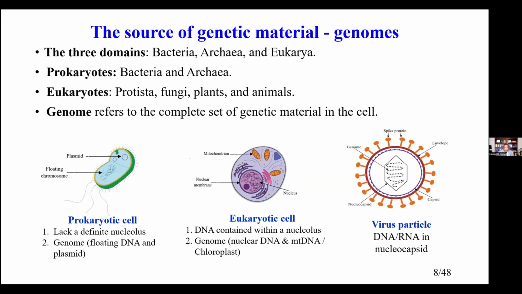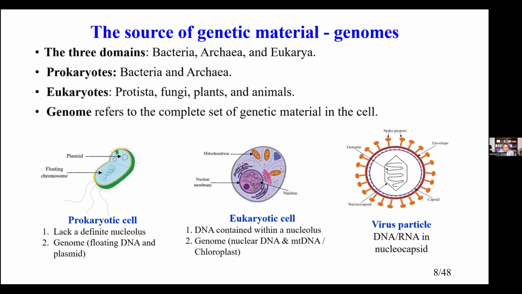So the genome of prokaryotes, which lack a nuclear membrane, consists of the DNA that's floating in the cytoplasm. In addition, in some bacteria you may find a circular DNA we call a plasmid, and that plasmid is also very important and especially plays a role in resistance of bacteria.